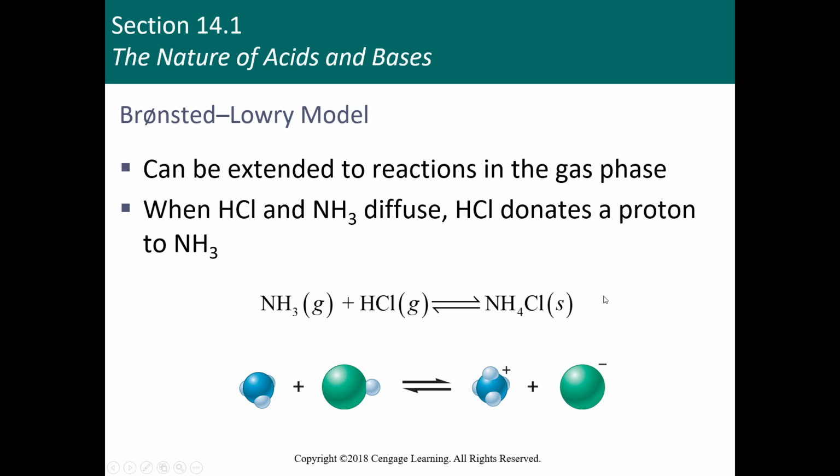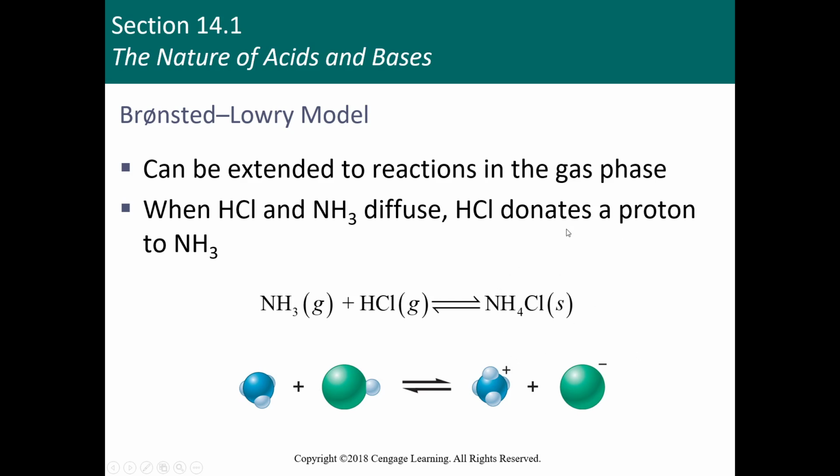Now, the Bronsted-Lowry model can be extended to reactions in the gas phase, actually. Notice in the Bronsted-Lowry model, we did not actually have aqueous in there. It was only the Arrhenius definition of an acid and base that had aqueous in that definition. And so you can have gaseous HCl and gaseous ammonia reacting to form things like NH4Cl, which is actually a salt.